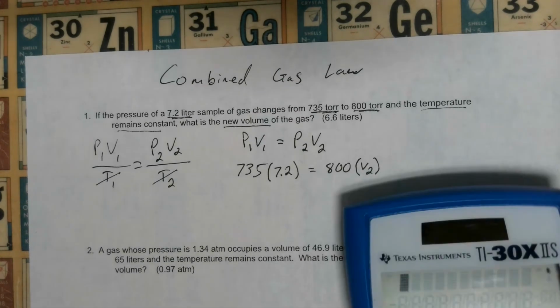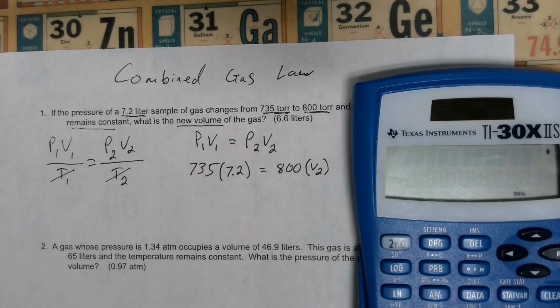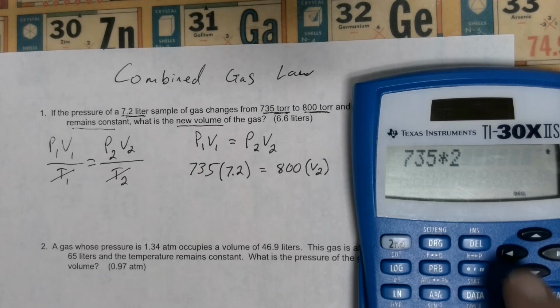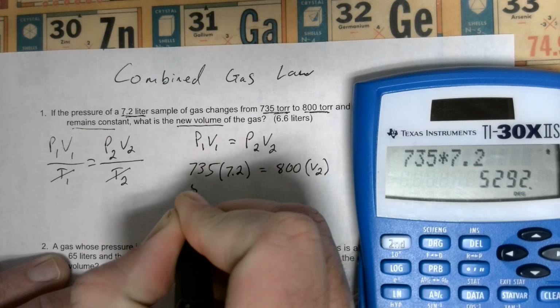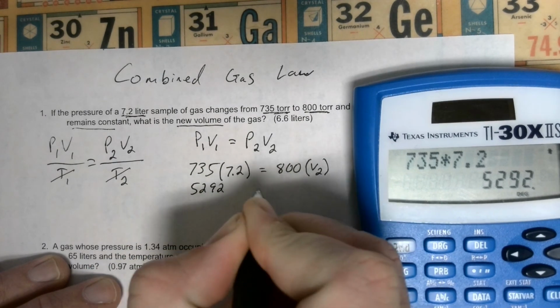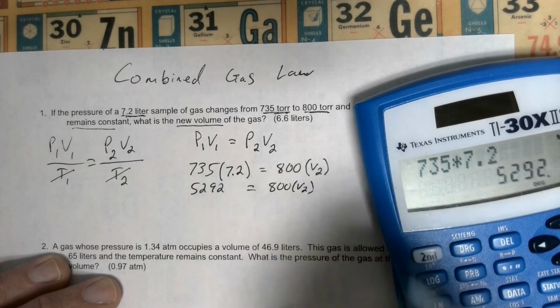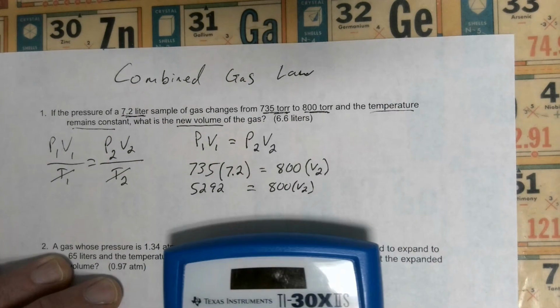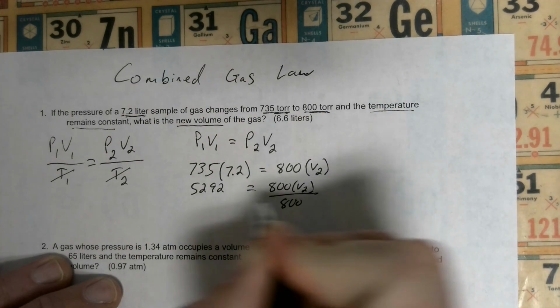I'm going to do 735 times 7.2. That equals 5,292. So on this side, it's 5,292 equals 800 times V2. Now to solve for V2, I would divide both sides by 800.